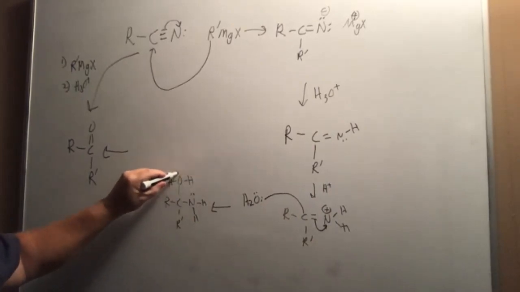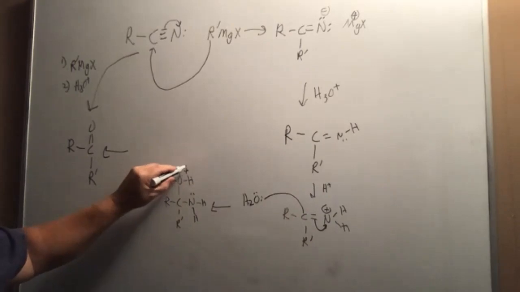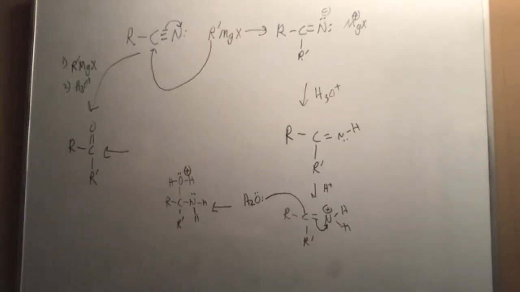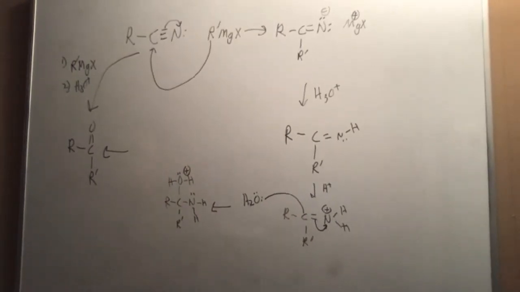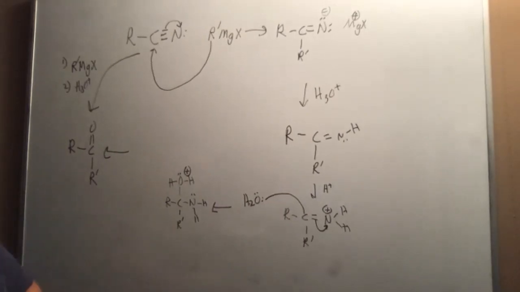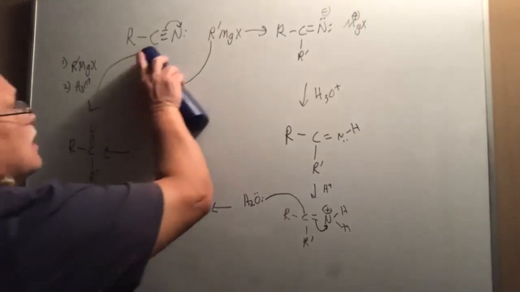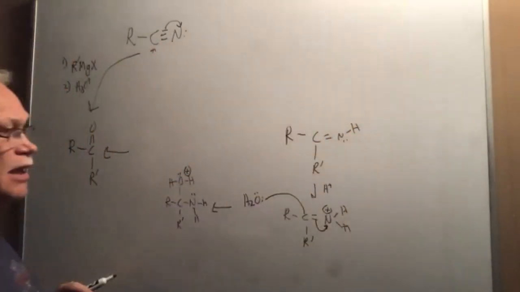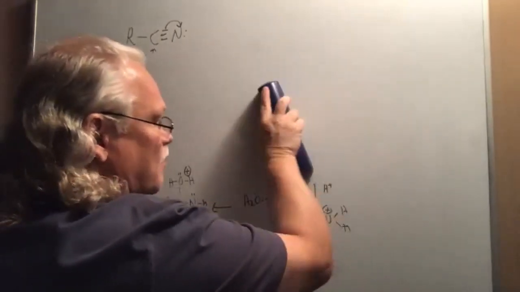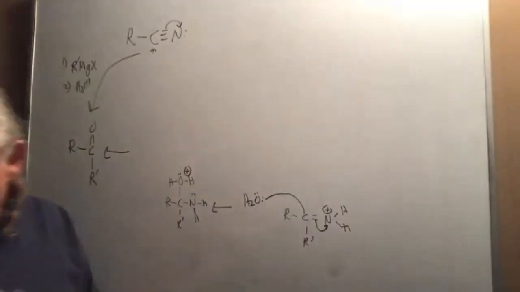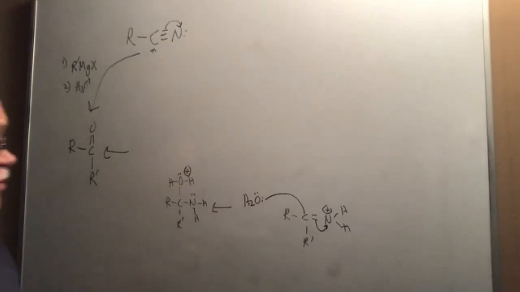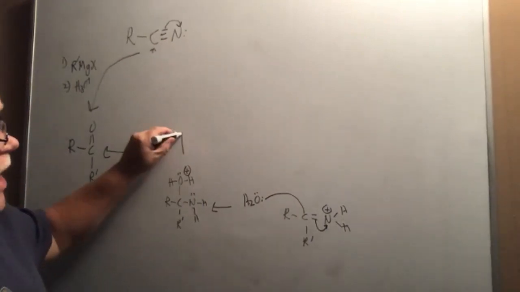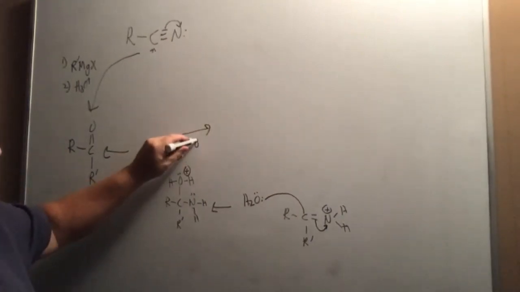Now, if we notice this, the water is protonated. That's where my positive charge is. Now, I'm going to have to erase some of this stuff, so let me just erase this now. Again, not having much of a blackboard space makes this a little bit hard to show these long mechanisms. Then another water comes in here.